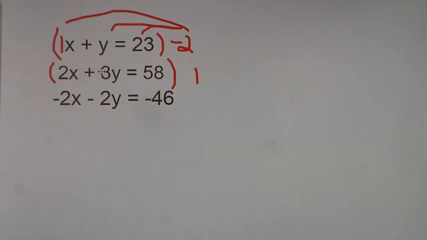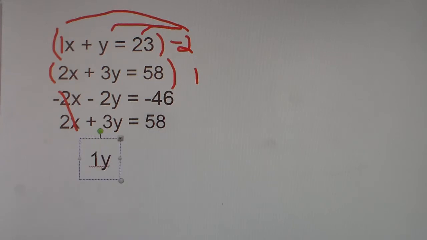One times itself is just itself, so I'll copy that. The x's cancel out. Negative 2y plus 3y gets you 1y.